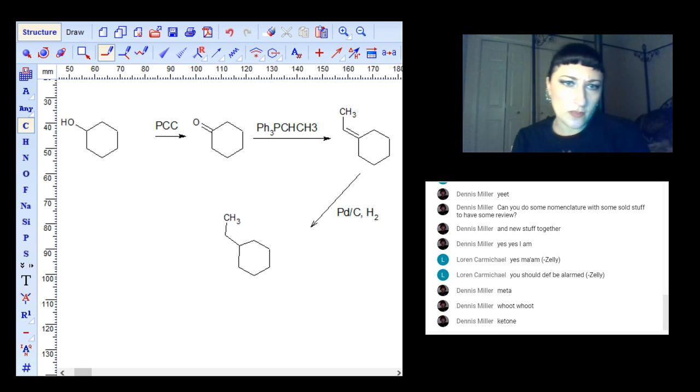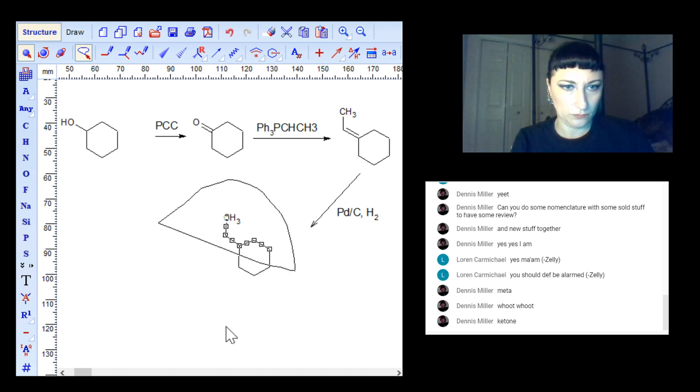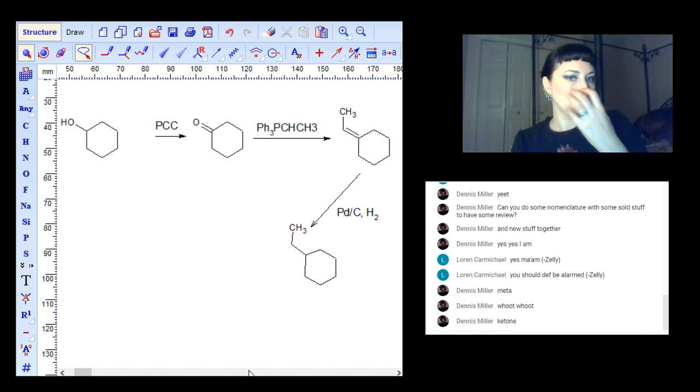There you go. So hopefully that one made some sense. Did anybody figure out how you could do it with a Grignard? What do you need to have to do a Grignard reaction?